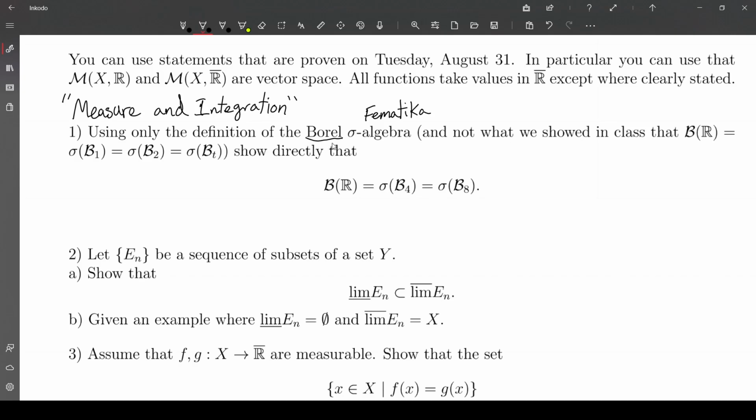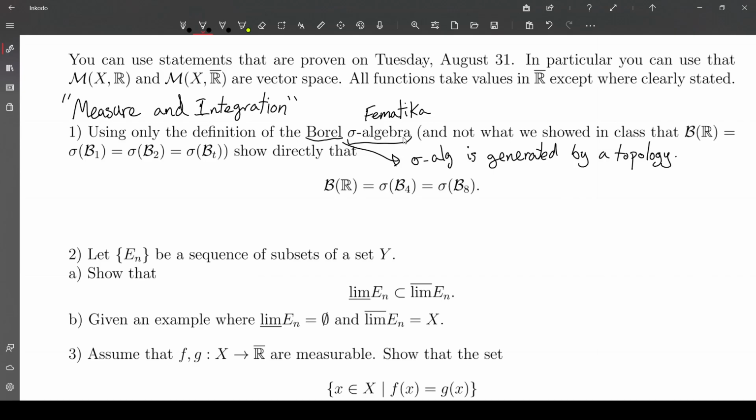The term Borel means that the sigma algebra is generated by a topology. And a sigma algebra is a collection of subsets. So it's kind of like a topology, right?